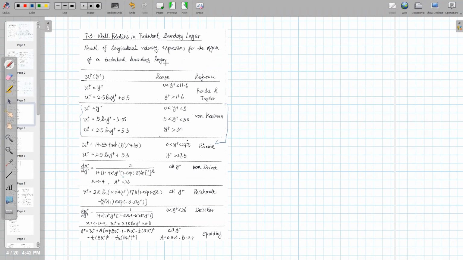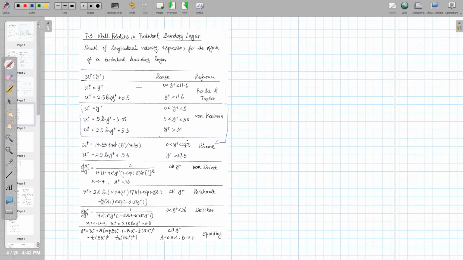There are other correlations based on different semi-analytical theories, or from pure experimental data. So there are many correlations that tell you what the velocity profile looks like in the region very close to the wall. Why is this important?